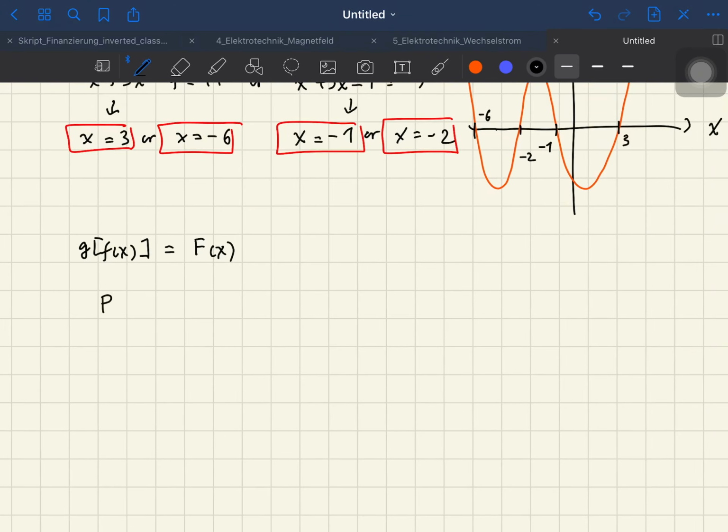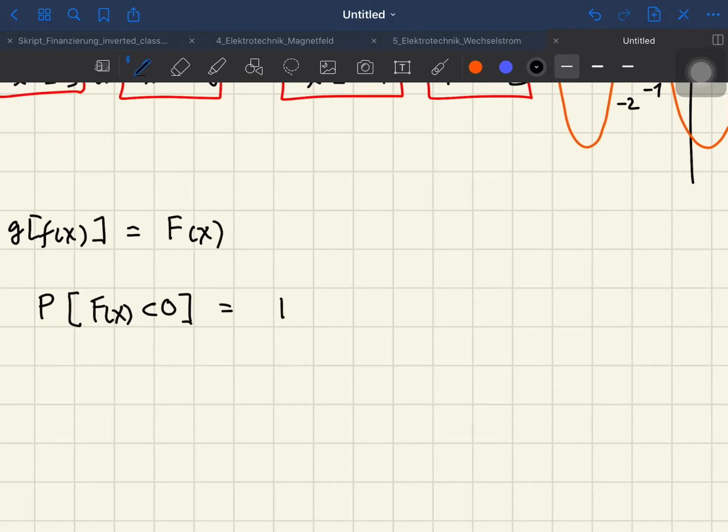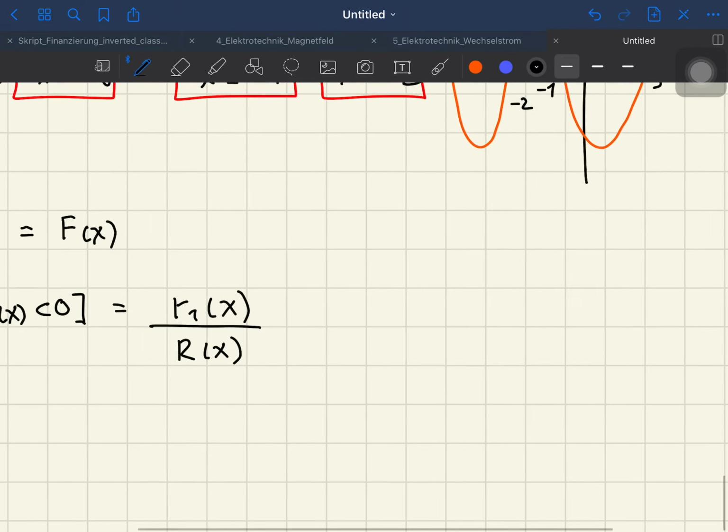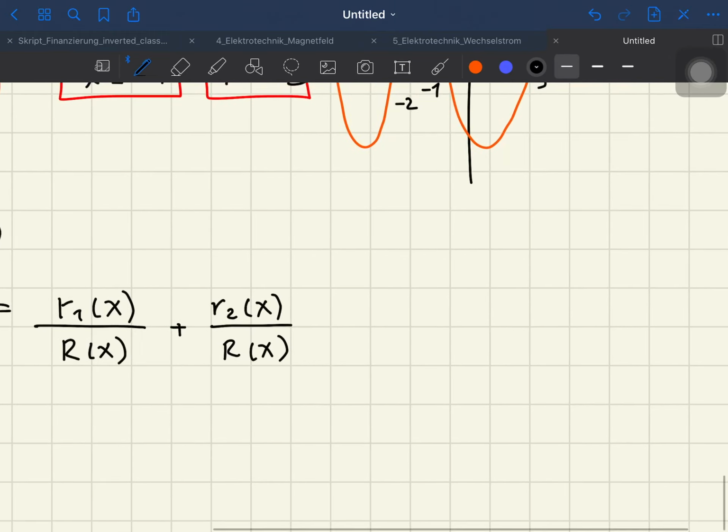So the probability of when F(x) is less than 0 equals the first range of x over the total range of x plus the second range of x over the total range of x. So recall back, the total range of x equals 200.